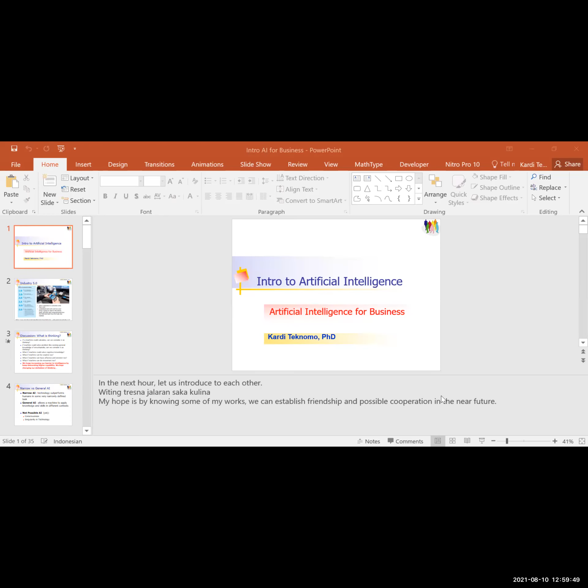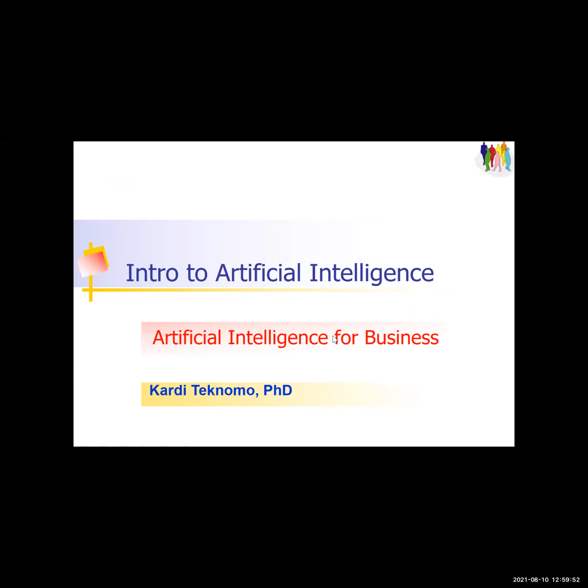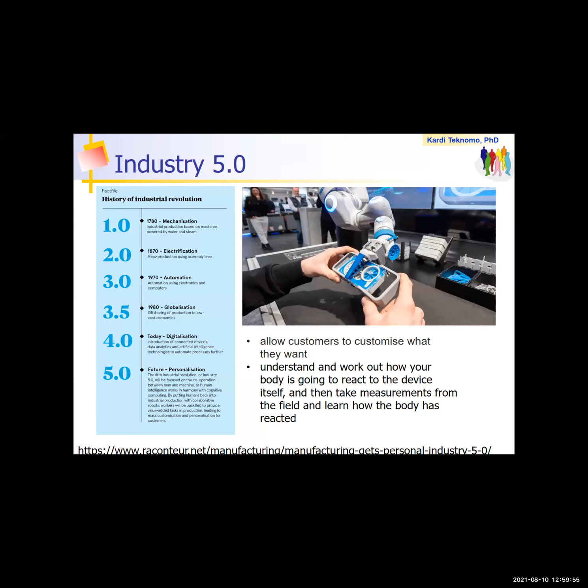Okay, so this is an introduction to AI. Right now we have what is called Industry 5.0. About the 1780s, there was what is called the Industrial Revolution in the world. It started in Britain. Basically, it made machines powered by water and steam to do work for humans.